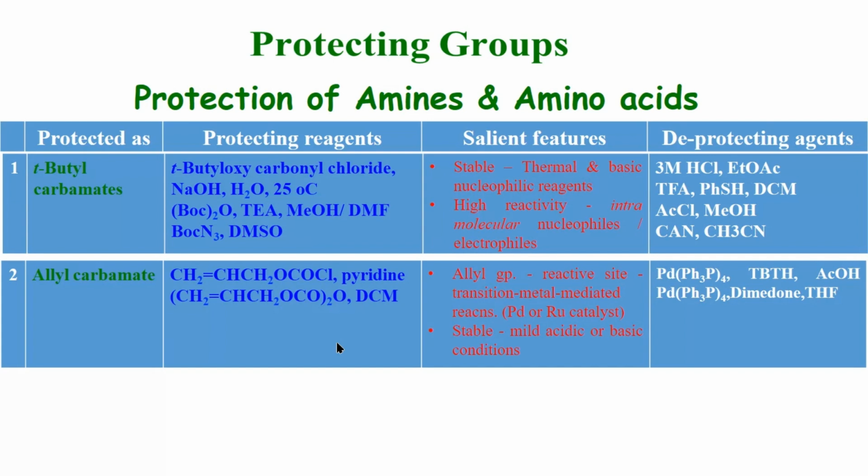They are stable towards mild acidic or basic conditions. These allyl carbamates can be deprotected by a reductive method using tetrakis triphenyl phosphine palladium in the presence of TBATH or dimedone.